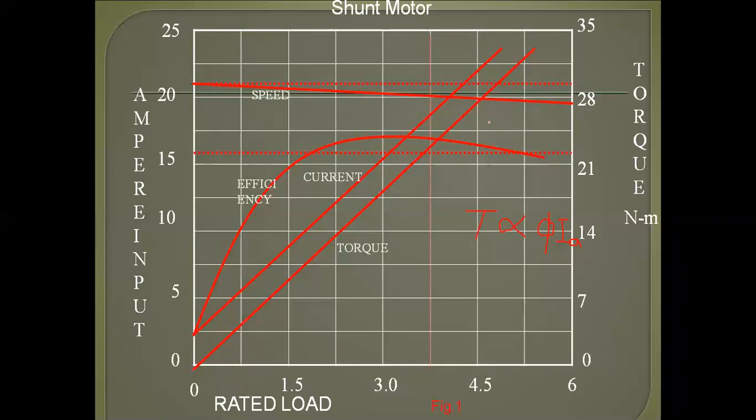A DC shunt motor should never be started on heavy loads because such loads need heavy starting current.